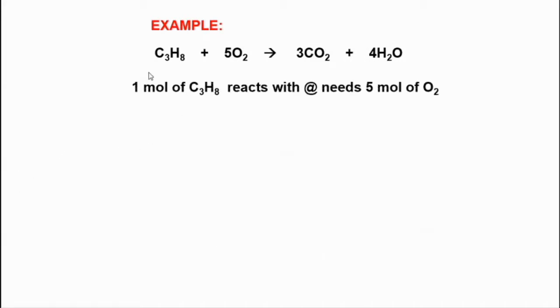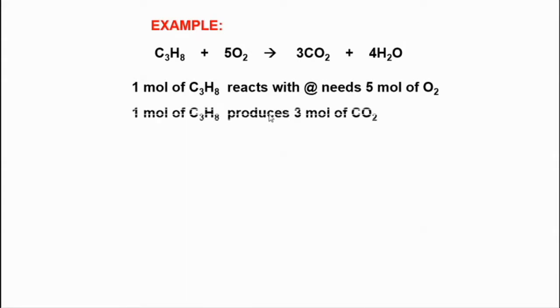So how can we read this equation? Okay, so it's like this. We can say that 1 mole of propane reacts with, or needs, 5 moles of oxygen. Since oxygen is the reactant here, and this oxygen reacts with propane, in the form of a stoichiometrical relationship we can write it like this.